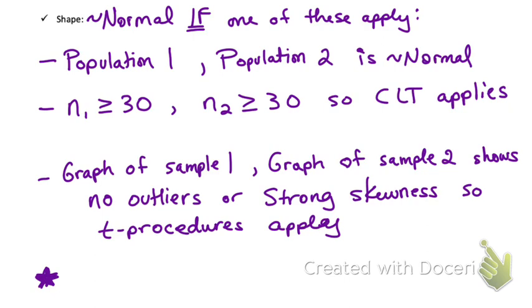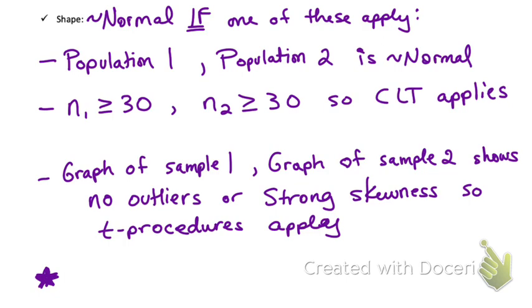As you continue reading, you see that out of the second population you took a sample size of 50. So now we're qualified for the second population with the central limit theorem. It is totally fine that it is two different qualifications. Maybe your sample size is small in that second population, so you have to look at the graph of that second sample. Fine. It can be these two together.